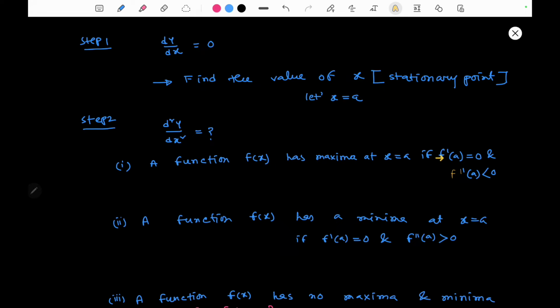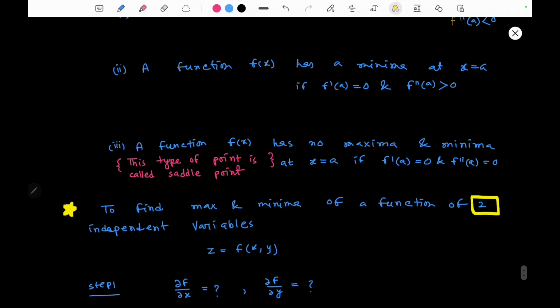So obviously f'(a) = 0, and if we get f''(a) less than 0, then we can tell at x = a we will get the maxima. In the reverse case, a function f(x) has a minima at x = a if f'(a) = 0 and f''(a) greater than 0.